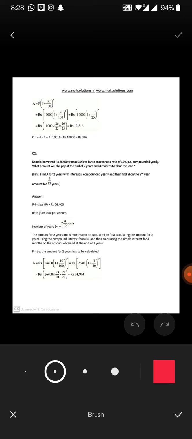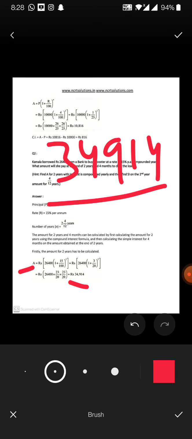So here the formula is 26,400 into 1 plus 15 by 100 to the power 2, because here we are calculating the compound amount of 2 years. Clear? So here you can clearly see that after solving we get 34,914 rupees for 2 years as a compound amount.